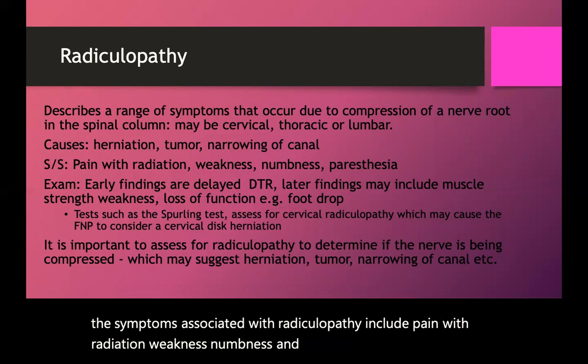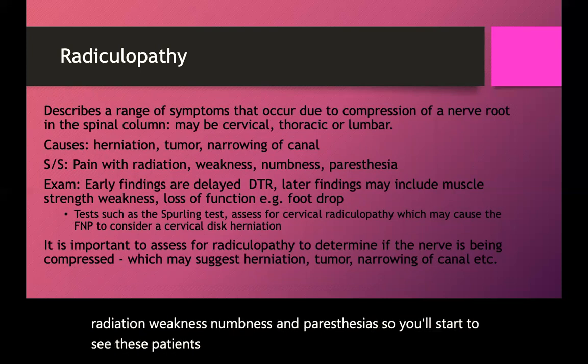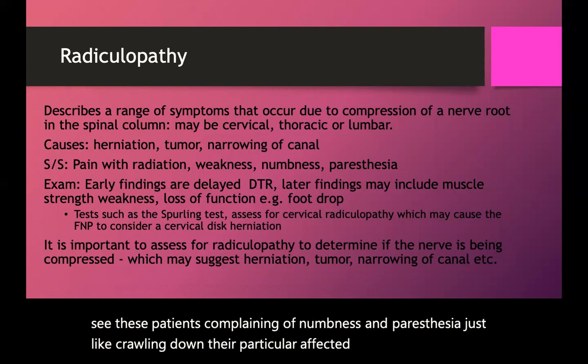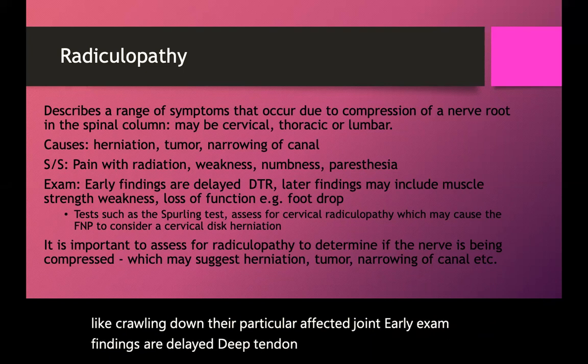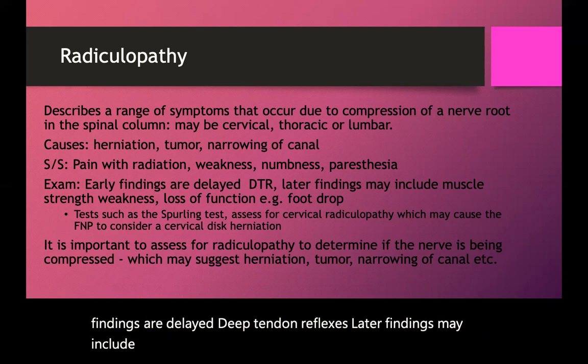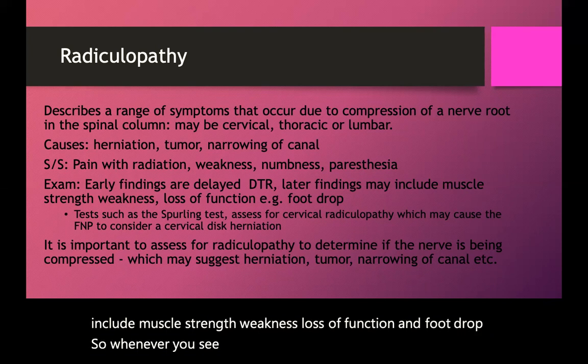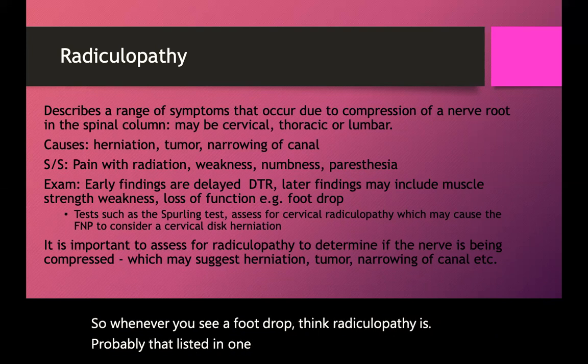So you'll start to see these patients complaining of numbness and paresthesia, just like crawling down their particular affected joint. Early exam findings are delayed deep tendon reflexes. Later findings may include muscle strength weakness, loss of function, and foot drop. So whenever you see a foot drop, think radiculopathy is probably listed in one of their diagnoses.